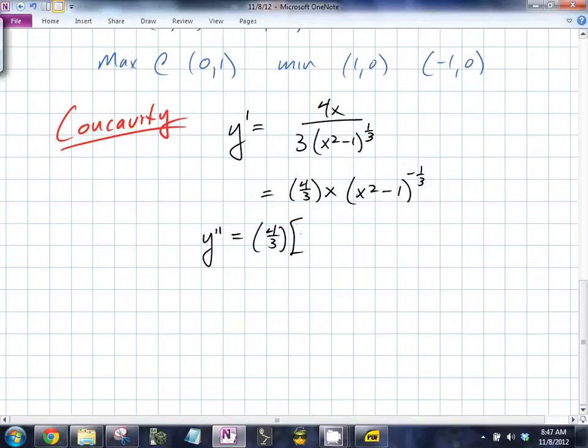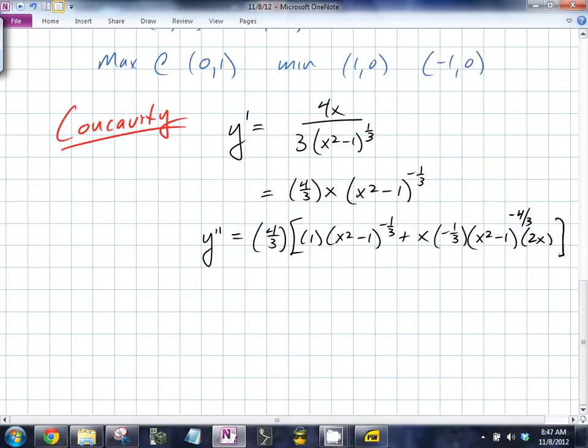Exactly. So the derivative of the first times the second plus the first times the derivative of the second, to the what power? Negative 4/3. Thank you. Times 2x. Exactly, because of the chain rule.